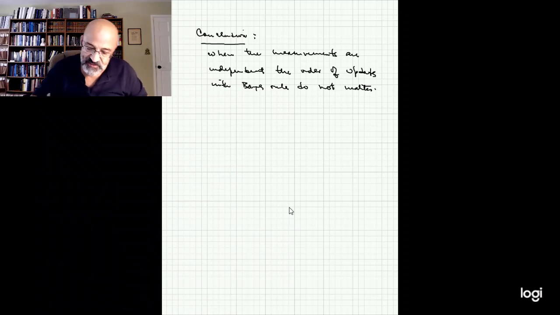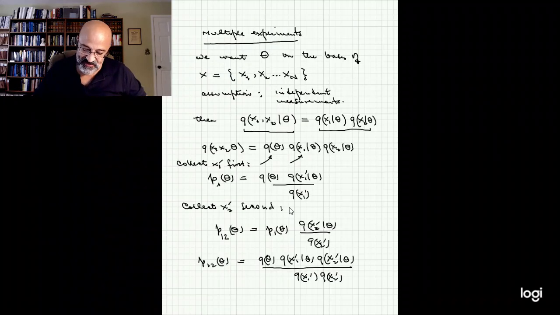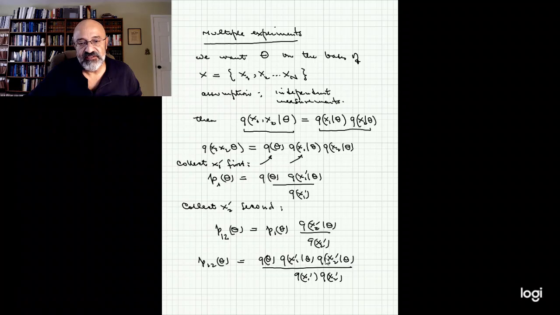And the reason it doesn't matter if you collect x1 first or x2 or if you do two together or whatever, is that because these measurements are independent, the information introduced by, say, the second measurement does not make the information collected in the first measurement obsolete.